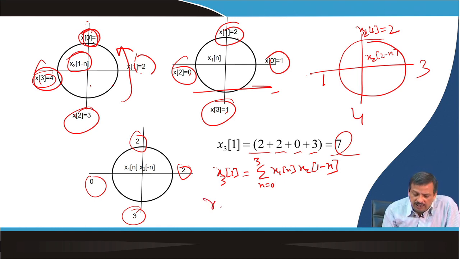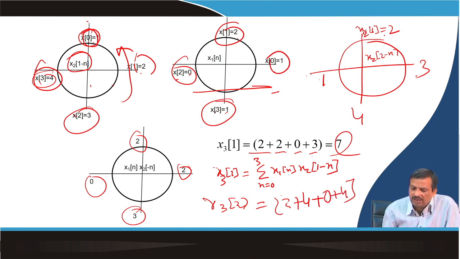Then what should be x3 2? It is nothing but this multiplied by this, 3, plus this multiplied by this, 4, plus this multiplied by this, 0, plus this multiplied by this, 4. So 8 plus 3, 11.